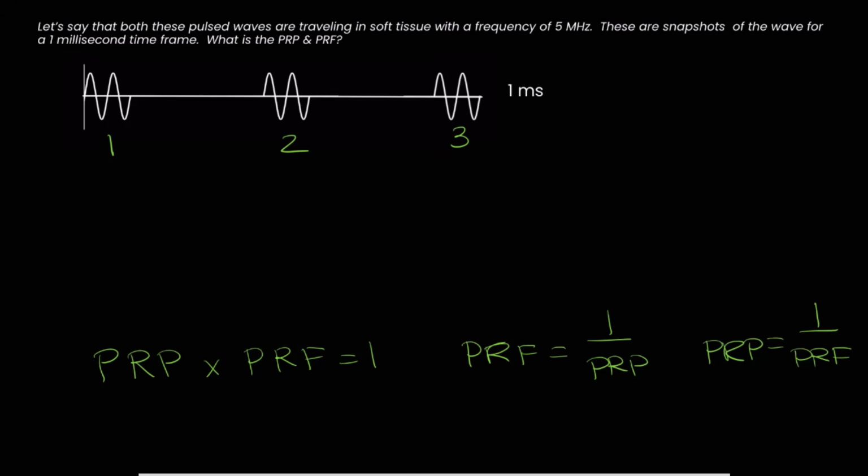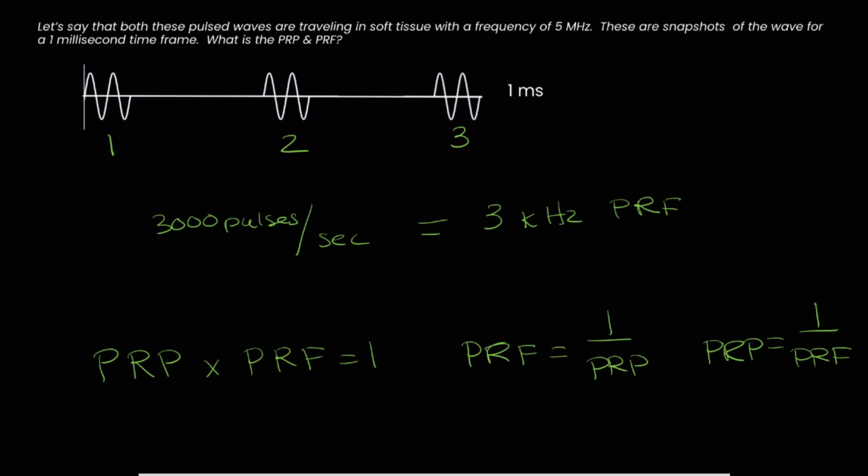Using the millisecond time and knowing how to convert numbers, we can say that this is 3,000 pulses per second, or if we want to use values that are more applicable to pulse repetition frequency, it would be more appropriate to say that this is a 3 kilohertz PRF.